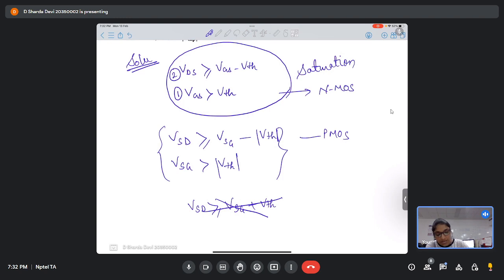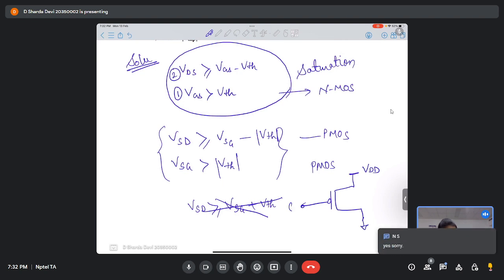To check the conditions, now here when you see for a PMOS, this is how a PMOS is connected, okay? And most of the time this is VDD, and this is connected to, let's say, ground, and this is VG. This is drain, this is source. So here source is at higher potential, drain is at lower potential.